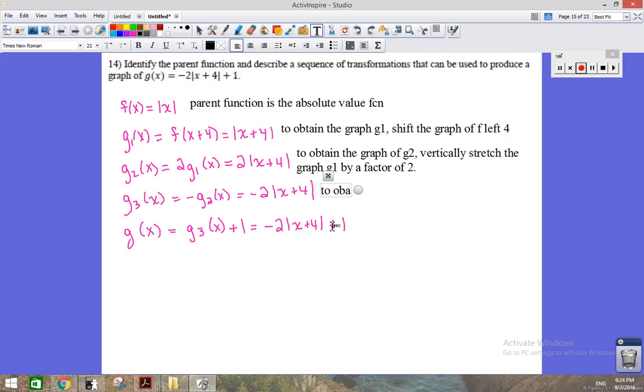So to obtain the graph of what I'm calling our G3, we reflect the previous graph that I numbered G2 across the x-axis.